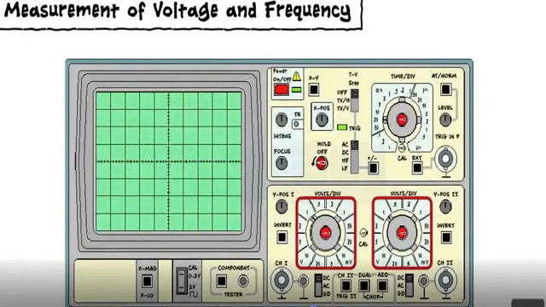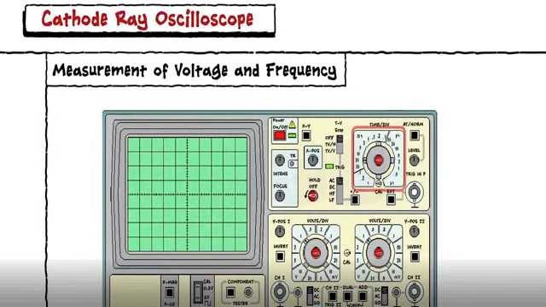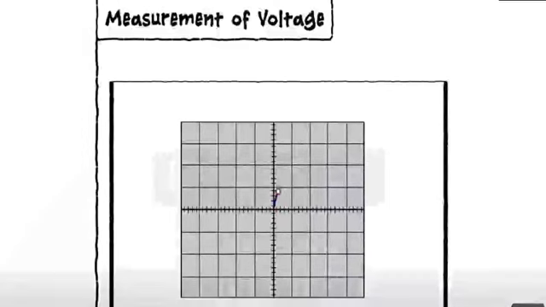Now for measurement of voltage and frequency we have two knobs, volt per division and time per division. We'll first see how a voltage is measured.